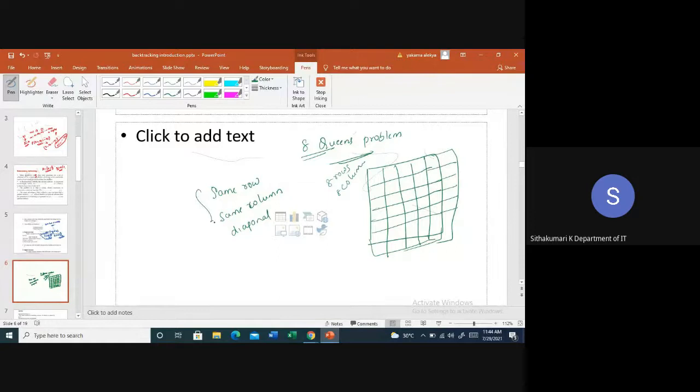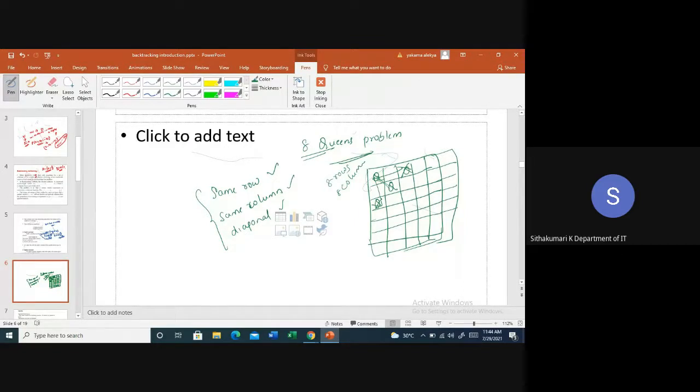So if you place a Q in this row, you cannot place any other Q in it. This is prohibited. Once you place queen 1 here, you cannot place another queen here. Diagonally you cannot have, on the same row you cannot have, on the same column you cannot place the queens.